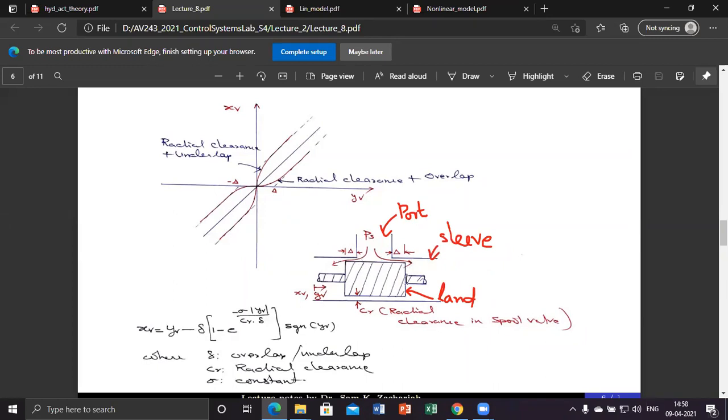But the moment you displace it, what is the incremental? Then only the real flow starts into the actuator chamber, and that effective gain will be larger compared to the otherwise critically lapped case. I hope I conveyed the information.